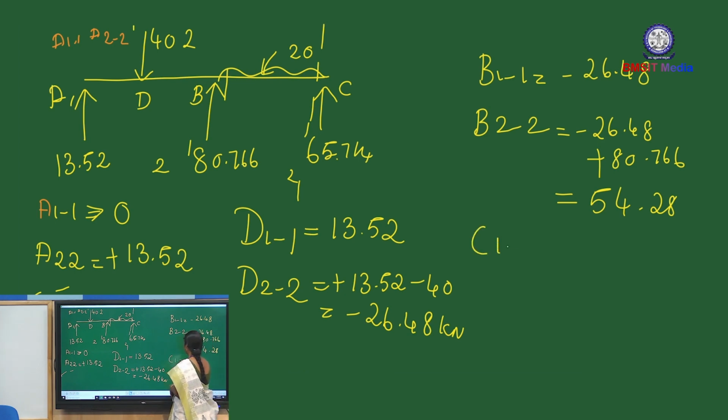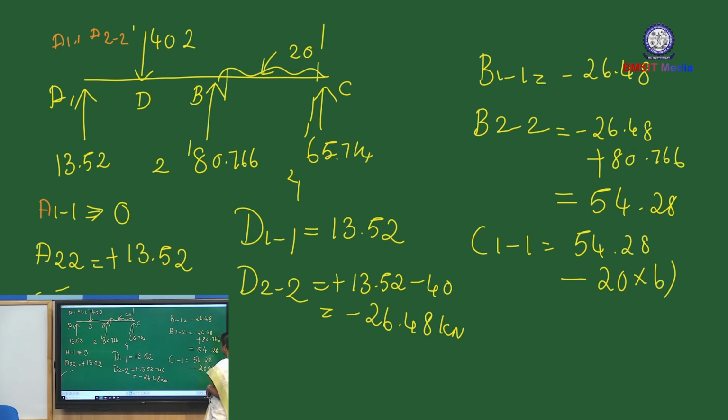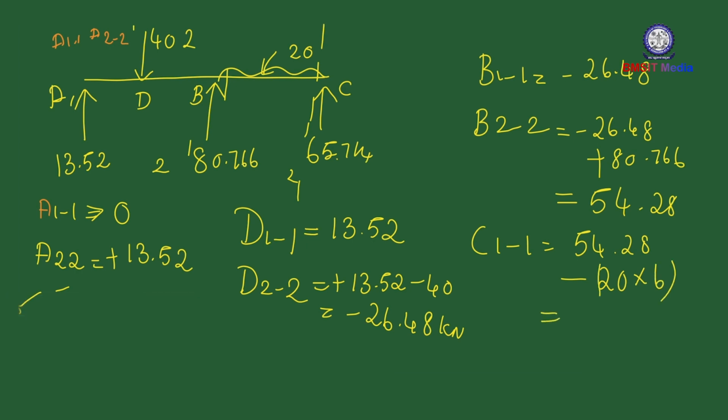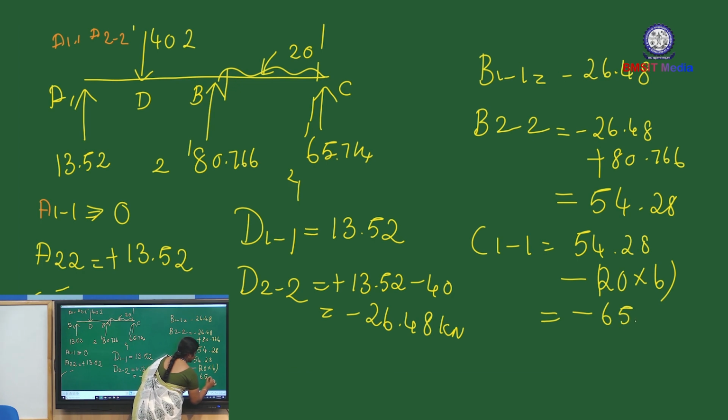So C11 equals the 54.28 calculated before, and we add this UDL, converting the UDL load into a point load. So C11 equals minus 65.72.